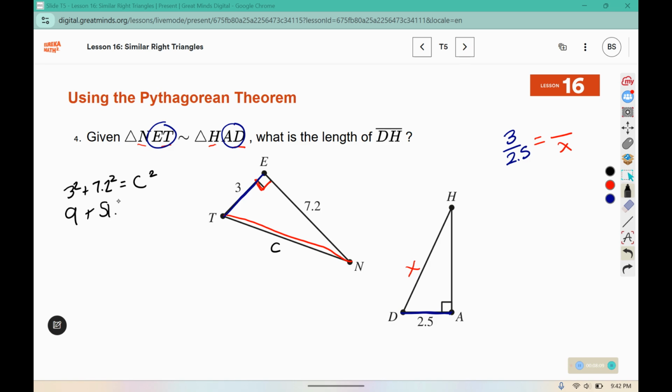That is 51.84 equals C squared. Add the 9 to it, and you get 60.84 equals C squared. But we want to know about C, so we're going to take the square root of both sides. And that gives us 7.8 for C.